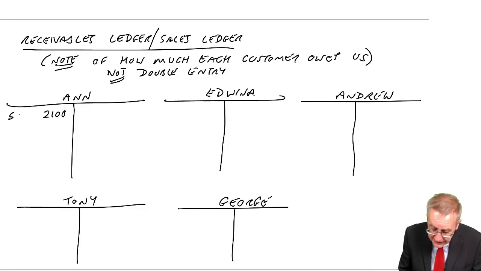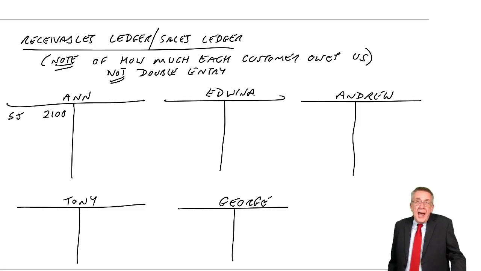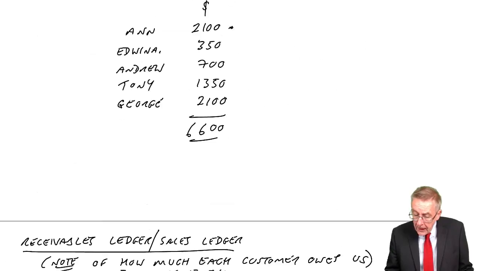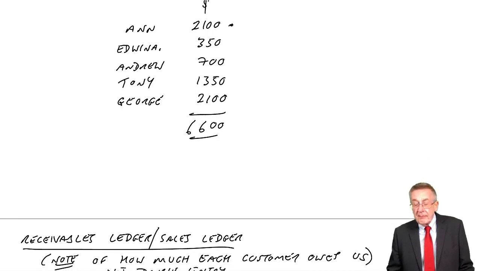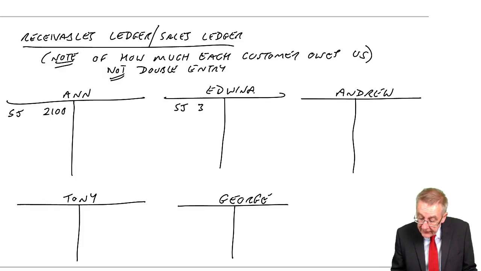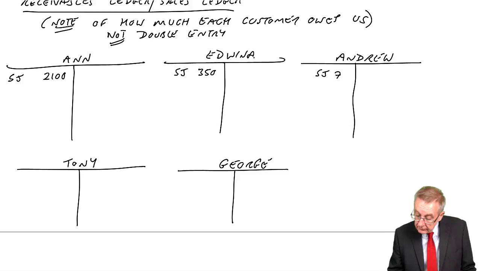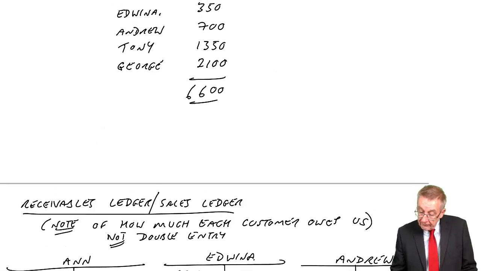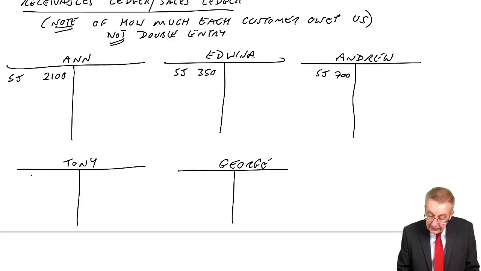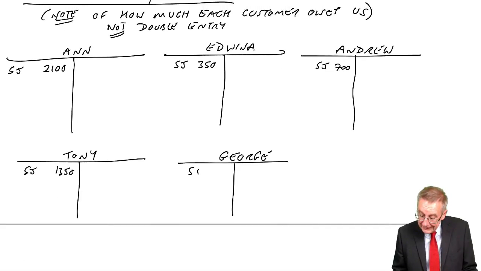I'll put SJ for sales journal, because if we ever needed to check that figure, it was in the sales journal. And similarly for all of them. So Edwina, make a note, she owes us 350. Andrew, 700. Tony, 1,350. George, 2,100.